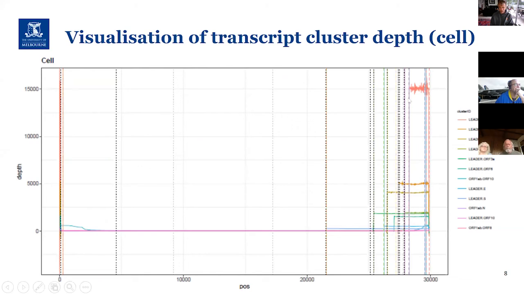So the N ORF is the highest expressed open reading frame, and you see there's a point here at which the coverage drops to 0, and that occurs almost right at the start of the N gene, just a little bit upstream of that. It coincides with a motif which is indicated in these dashed black lines, the so-called TRS, or transcript regulating sequence, motif.